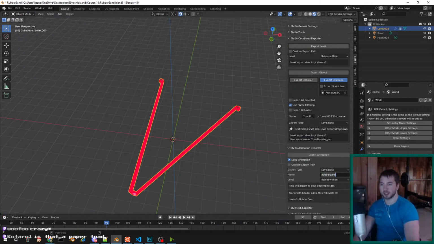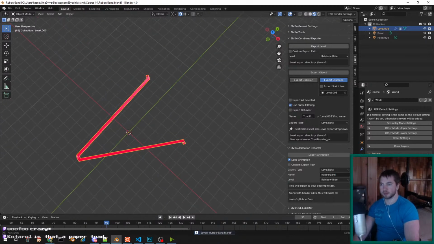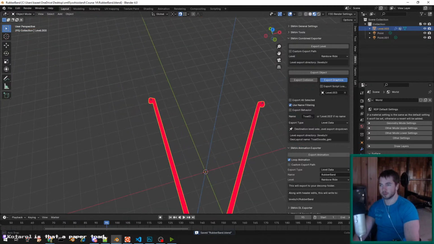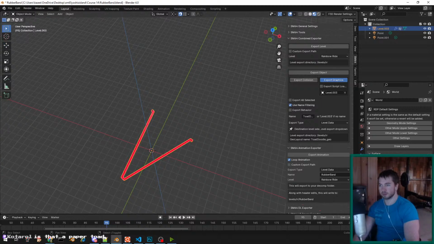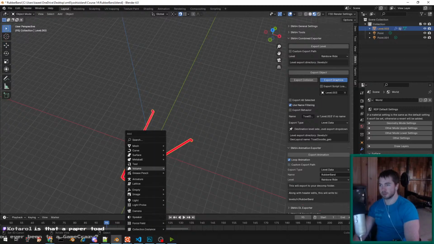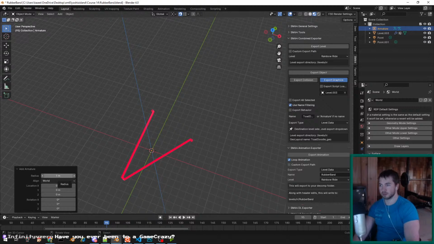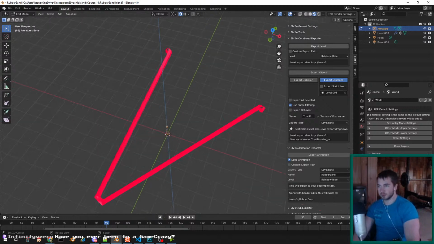Is it a paper toad? Yes. Nope, no idea what that is.